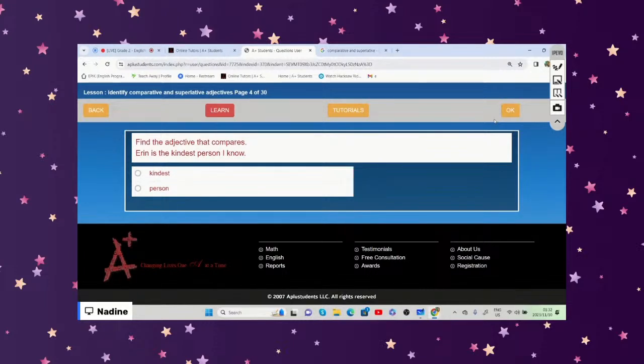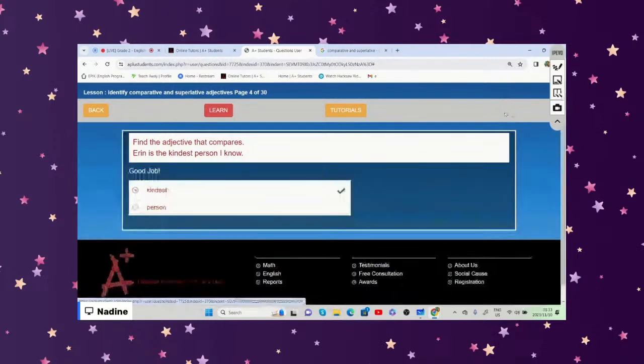So if we select our comparative or superlative adjective, the adjective that compares, we can say it is kindest, meaning she's kind and she's the kindest person that we know.